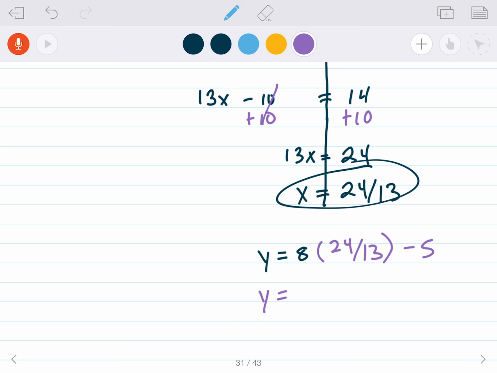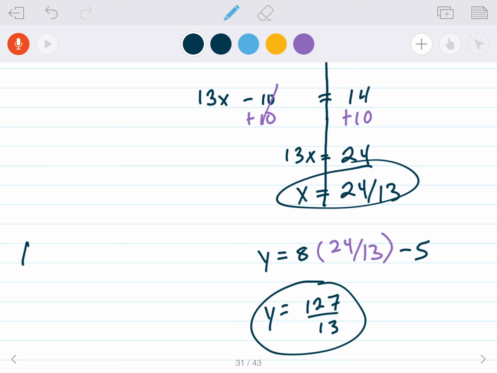I'm just going to do this in my calculator because I'm a little bit lazy. First of all, I'm doing 8 times 24 divided by 13. I'm writing it just like this. You can use Desmos. And then minus 5, and that's going to be 127 over 13. Again, not beautiful, but that's it.